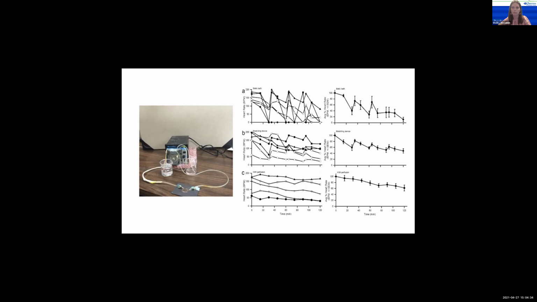And the solution can also be easily switched out, which is nice. Sure enough, you can look at these graphs on the right again. These two are the exact same ones as in the last slide. But this new bottom row is the data from the continuous perfusion pump, which you can see that those dramatic peaks and drops are no longer there, and we're still maintaining this high average % heart rate.